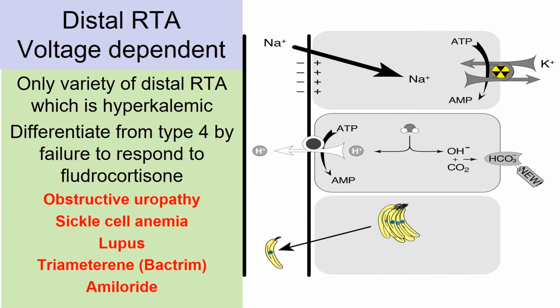The voltage distal RTA is sometimes seen in patients where the mechanism for acidification of the urine is broken because of an inability to absorb sodium in the distal tubule.